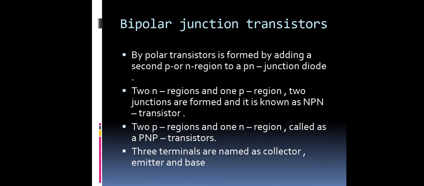The transistor is a three terminal device: collector, emitter and base. A bipolar transistor has two junctions: first the collector base junction and second the base emitter junction. Then the NPN transistor comes in various sizes.